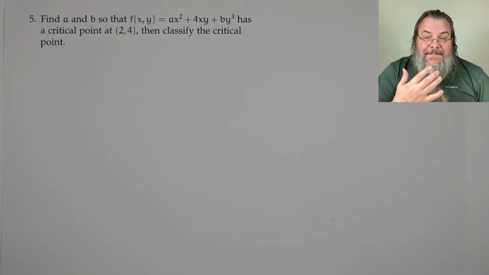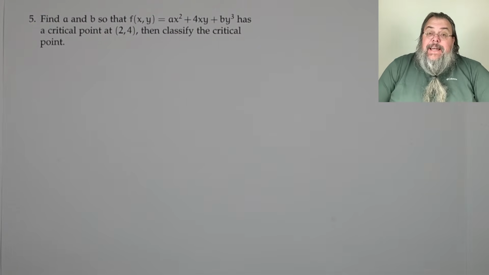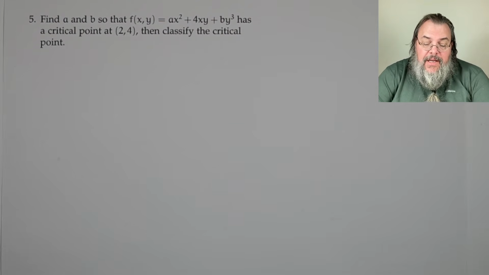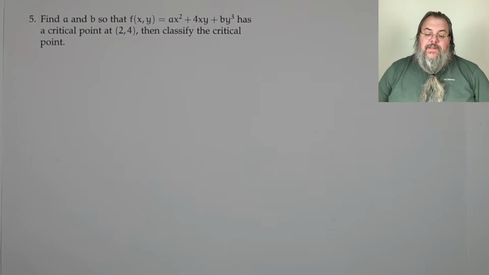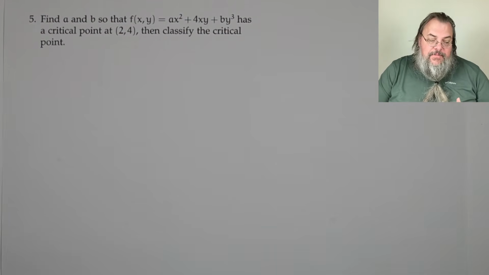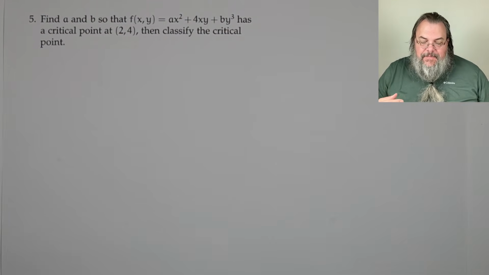Number 5. Find a and b so that the function a times x squared plus 4 times xy plus b times y cubed has a critical point at (2, 4), and then classify the critical point. All right. So it needs to have a critical point at (2, 4). Now that tells us something.